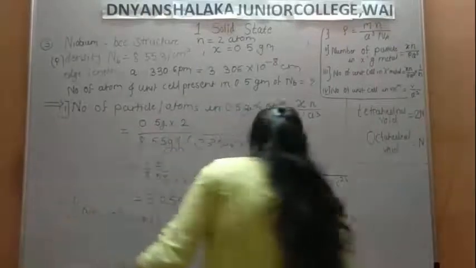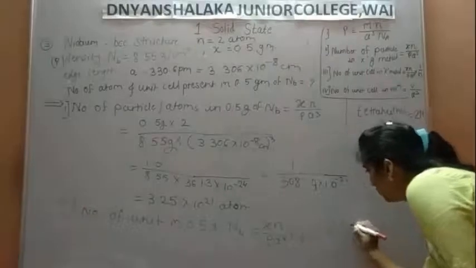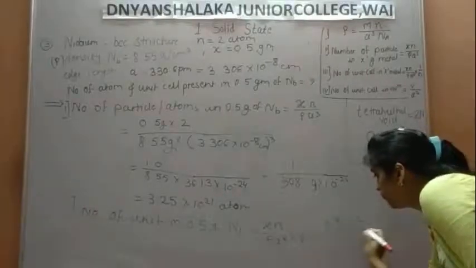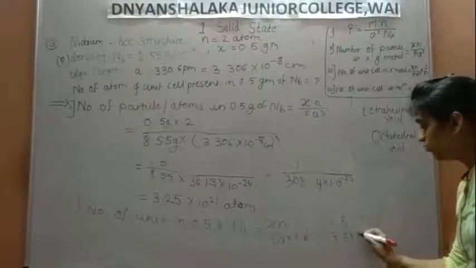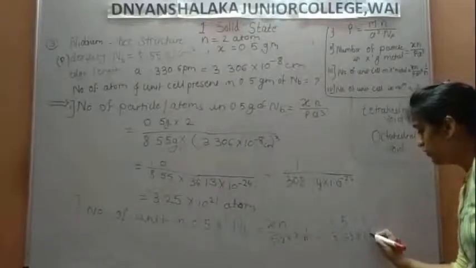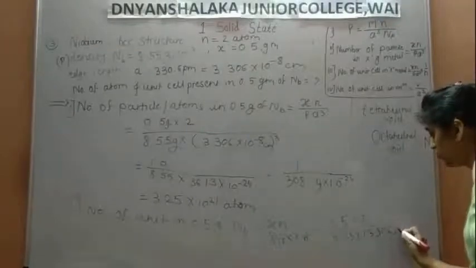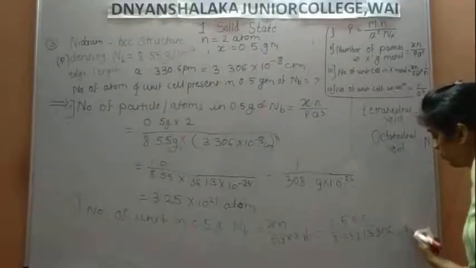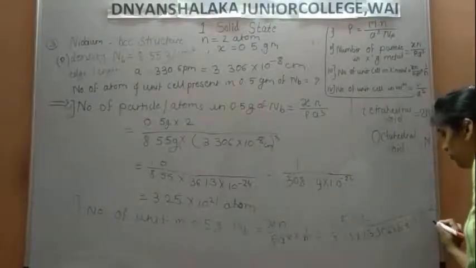So putting in the values: x is 0.5, n is 2, rho is 8.55, a cube means 3.306 into 10 raised to minus 8 whole bracket cube, a cube, into 1 by 2.